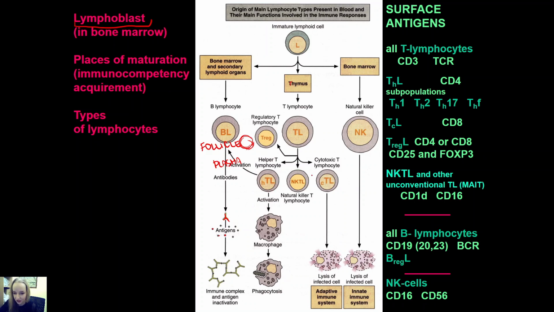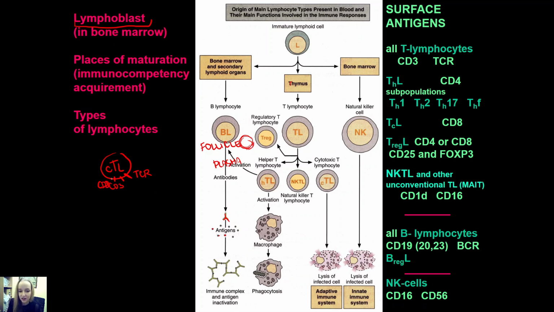For example, the cytotoxic lymphocyte has a basic receptor, the TCR or T cell receptor, on its surface, and all T lymphocytes also have CD3. The cytotoxic one also has CD8.